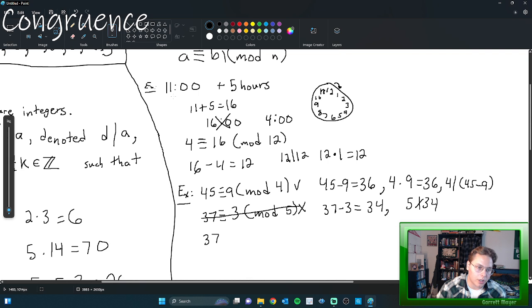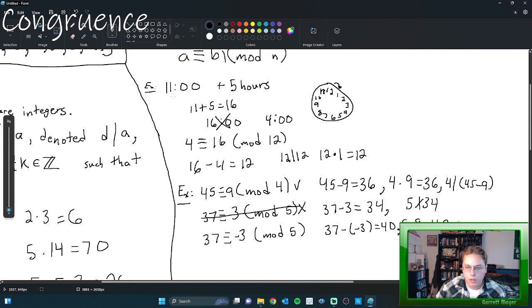However, if we go to the negative realm and look at a negative integer, we can go 37 minus a negative 3, which is 40. And 5 times 8 equals 40.